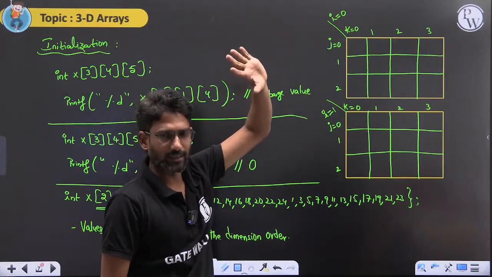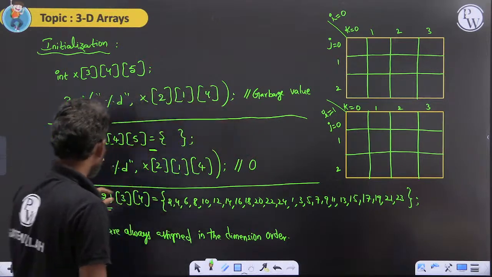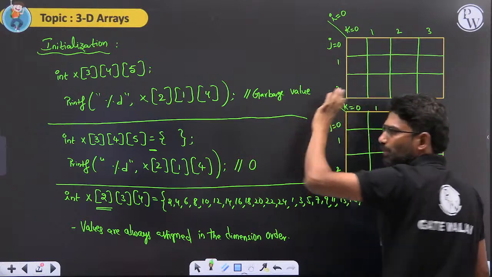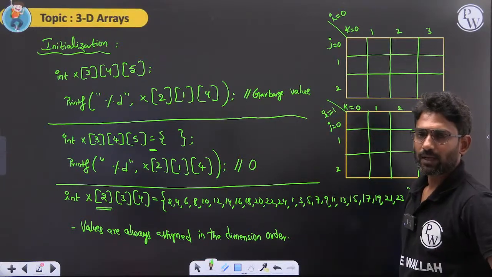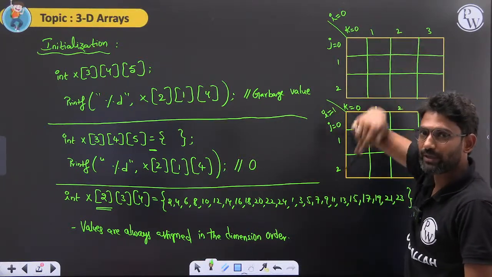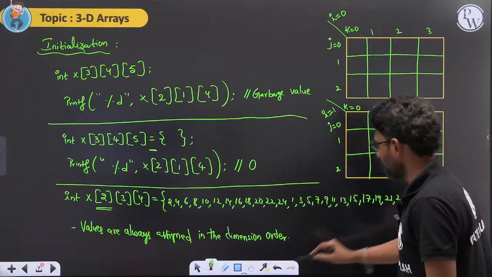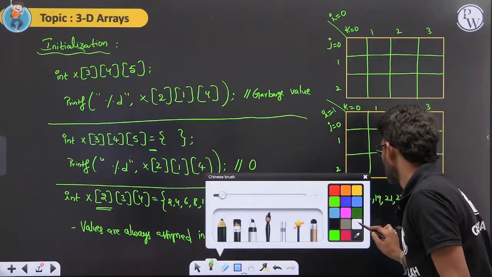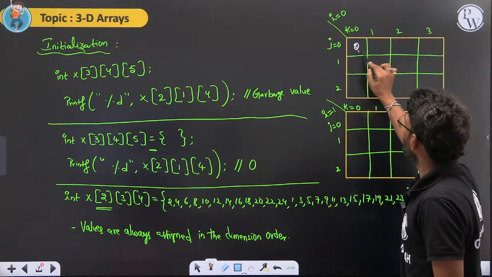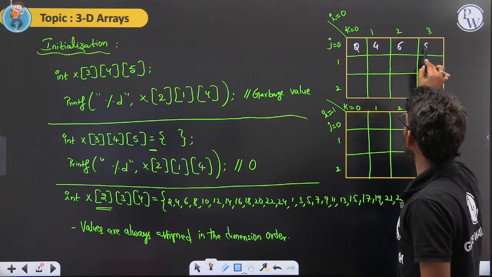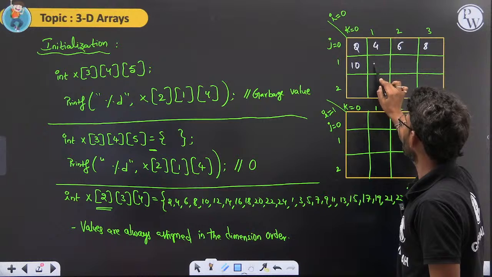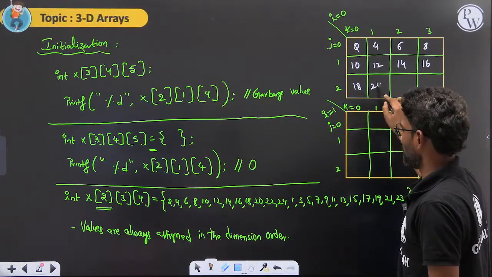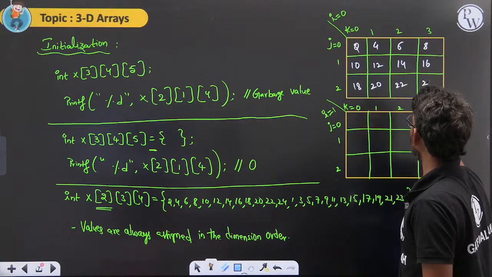First, the I equal to 0 2D array is filled. That means the values are taken in this order: 2, 4, 6, 8, 10, 12, 14, 16, 18, 20, 22, 24.